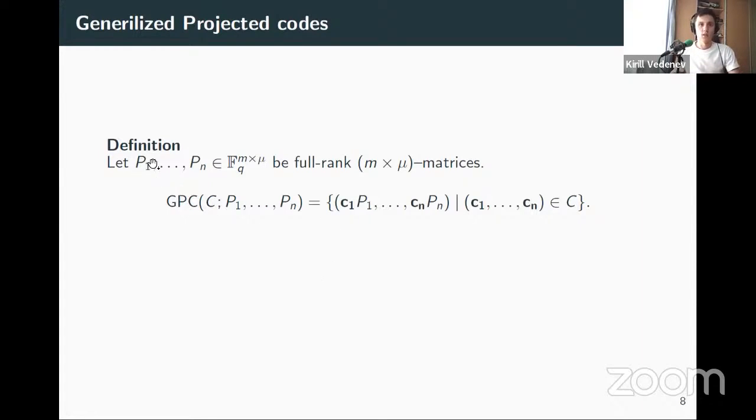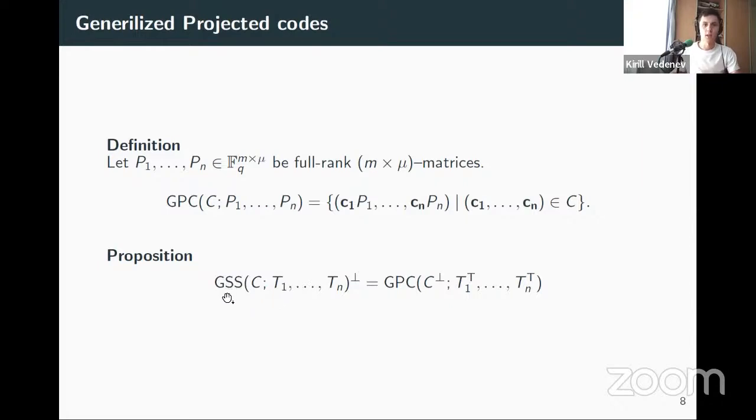We take some projection matrices, and the generalized projected code is defined as follows. And there is a theorem that establishes a connection between the short representation of generalized subspace subcodes and generalized projected codes.